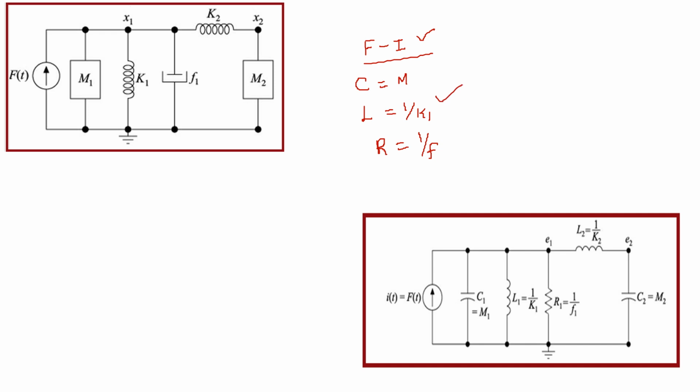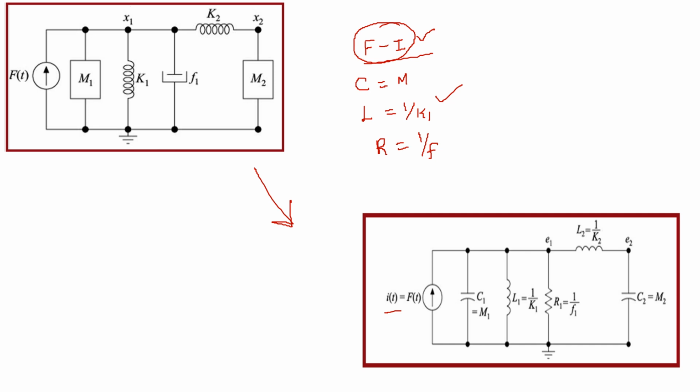In this way, directly put the values in the mechanical translational network. Here, for the force current analogy, we have to use the same circuit, there is no change. Here instead of F(t), I am using I(t). Instead of M1, I am using C1.